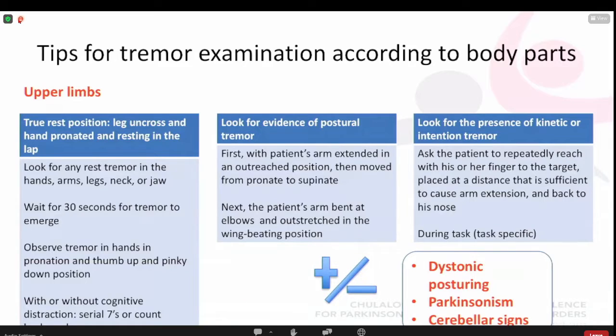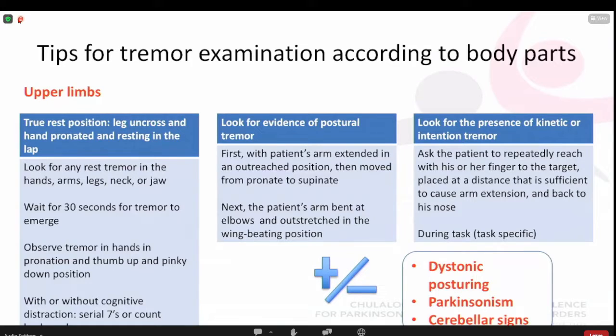And then maybe you ask them to bend the elbows, like a wing-beating position. And for evidence of kinetic or intention tremor, you perform the finger to nose test.